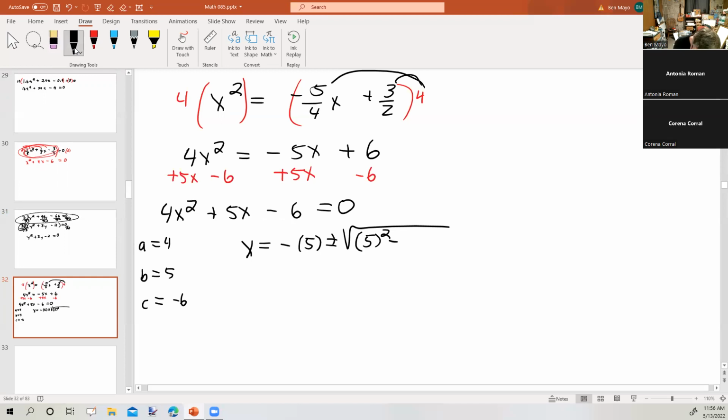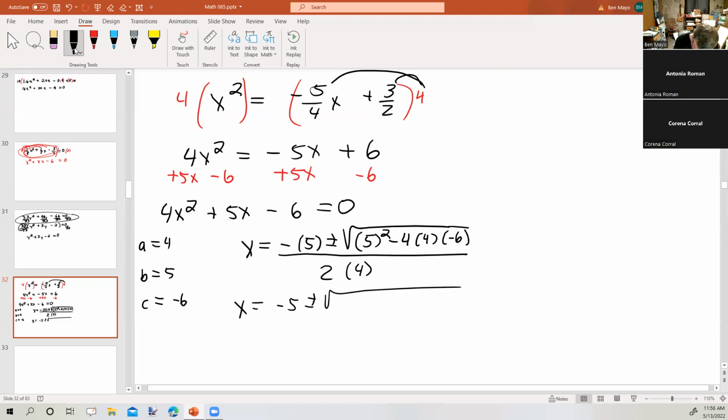B squared minus 4ac all over 2a. X equals -5 plus or minus the square root of 25. Now, -4 times 4 is -16.